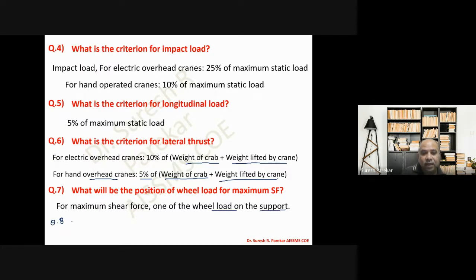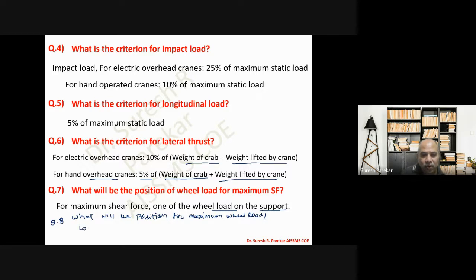For maximum wheel load, we are going to provide the lifted load and crab.